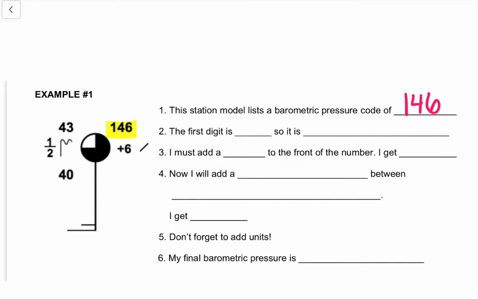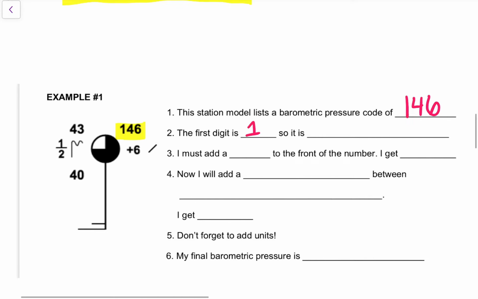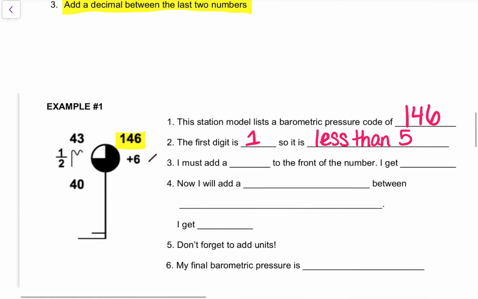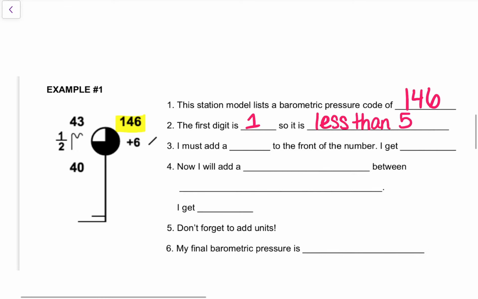Here, the first digit is 1, so it is less than 5. If we go back to our rules, we remember if the first digit is less than 5, we add a 10 to the front of the number. So step 3, I must add a 10 to the front of the number.